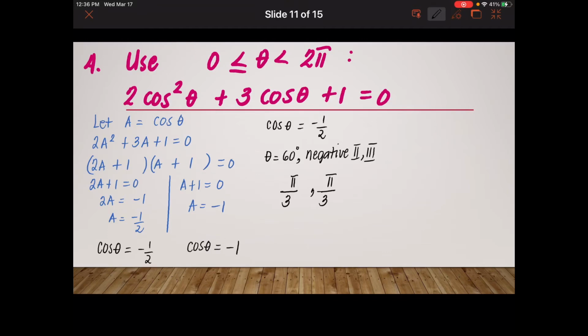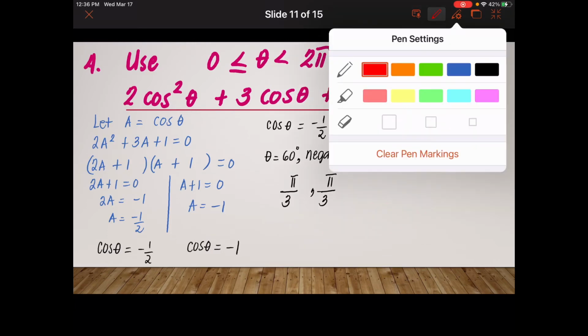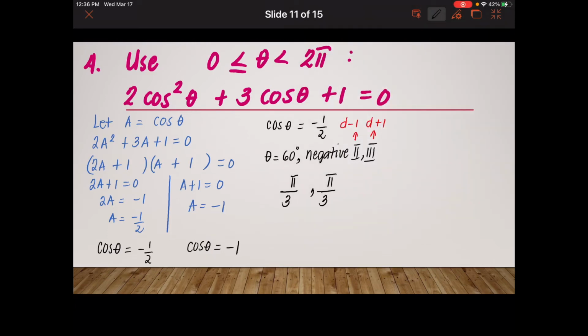Let us recall our technique. In quadrant 2, we use denominator minus 1. In quadrant 3, we use denominator plus 1. So our answer will become 3 minus 1 is 2, and then 3 plus 1 is 4. So this will be our answer for the first one.